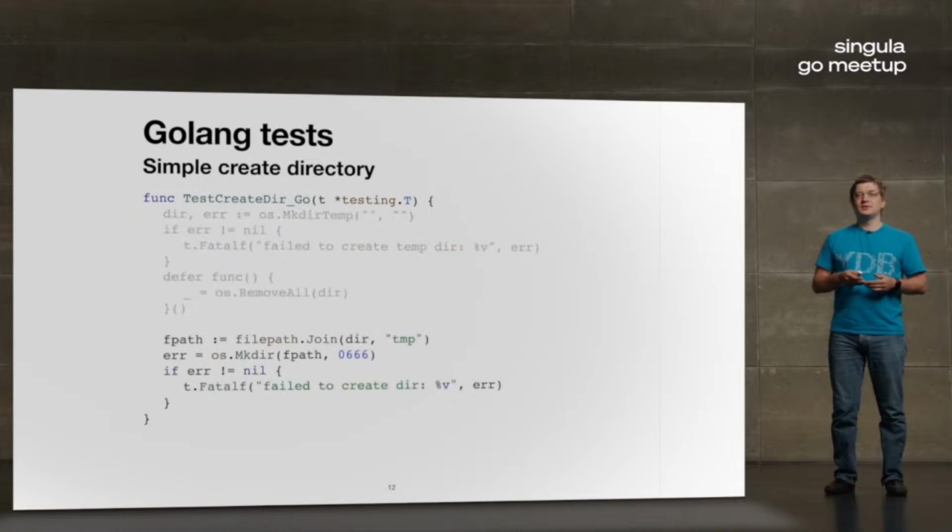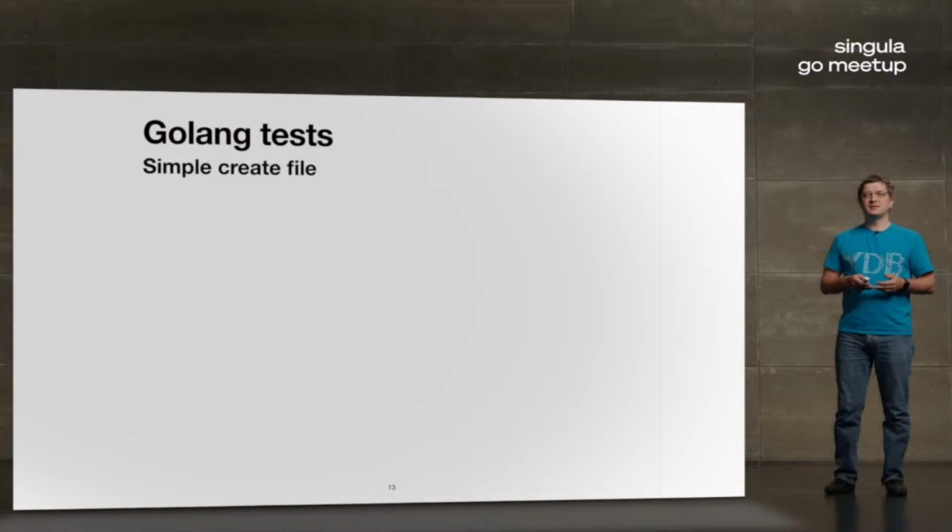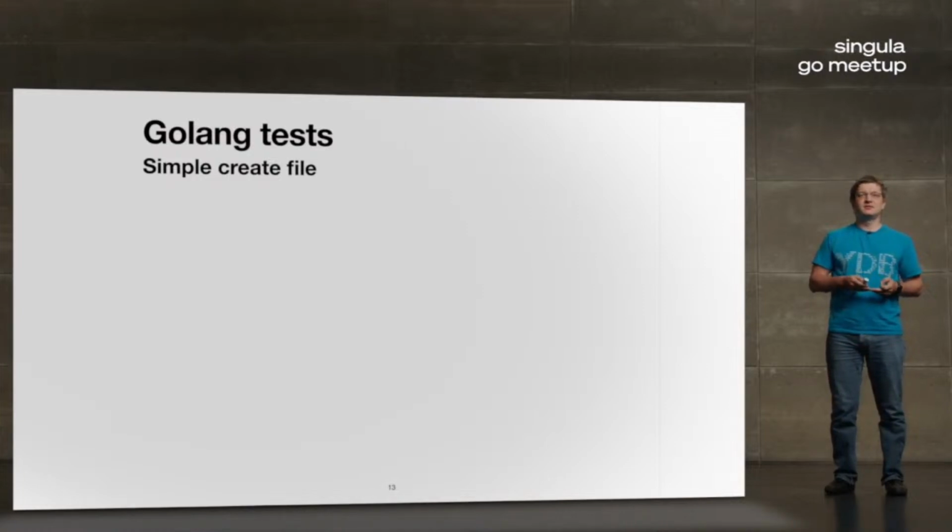If we create a similar test that creates a file instead of a directory, we will repeat the serialized code for creating a working directory and removing it. Serialized code, then useful test code.